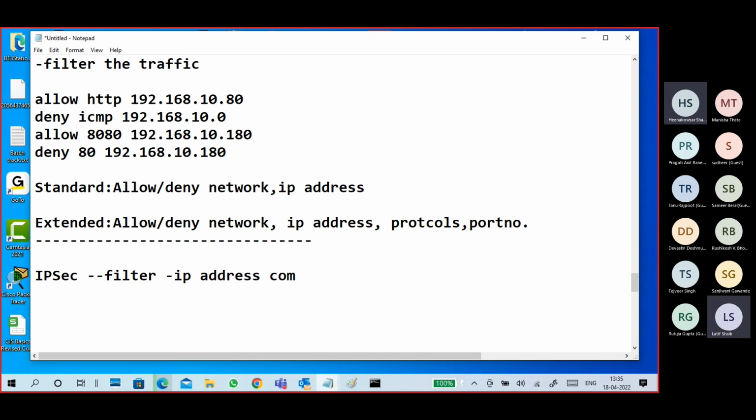Like you have a computer and you say allow only, take requests only from this network or this particular IP address. So you accept requests only from your network or IP address.